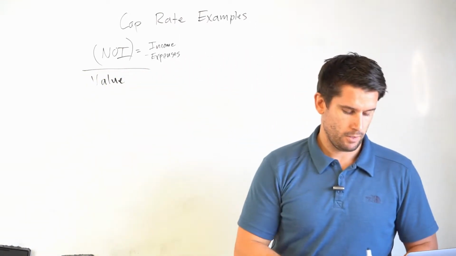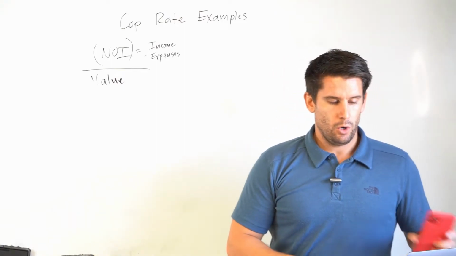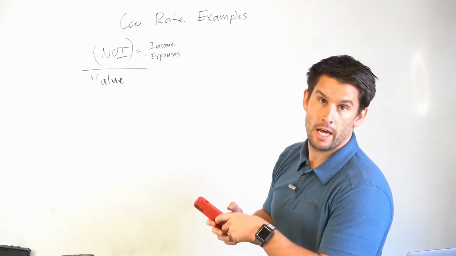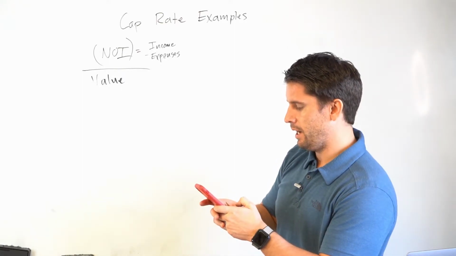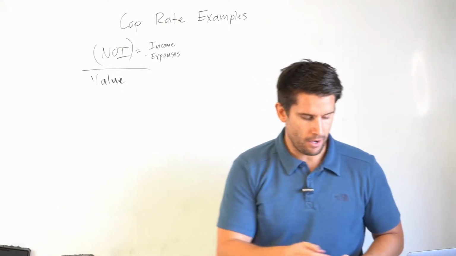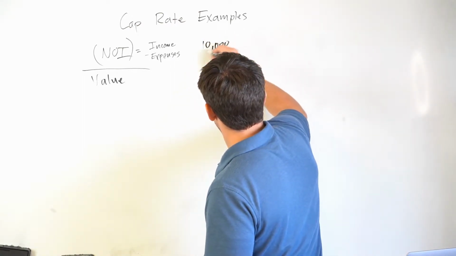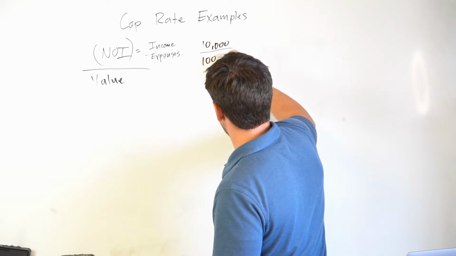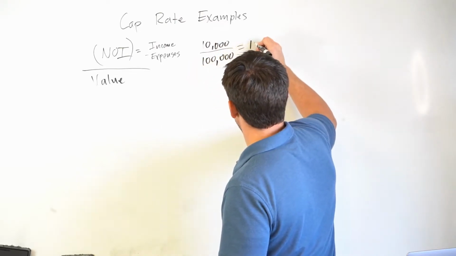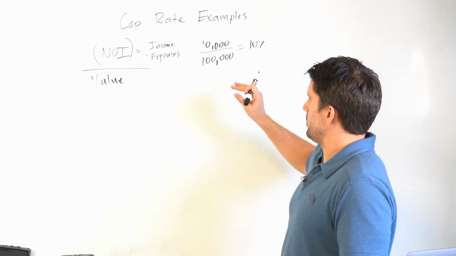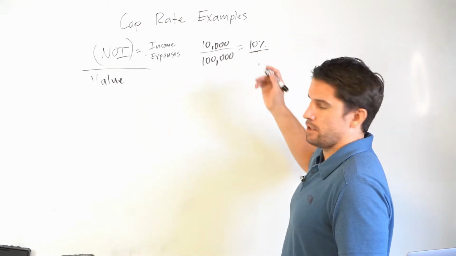If you had $10,000 in net operating income divided by a $100,000 value of the property, that would be a 10 cap, a 10% cap rate.